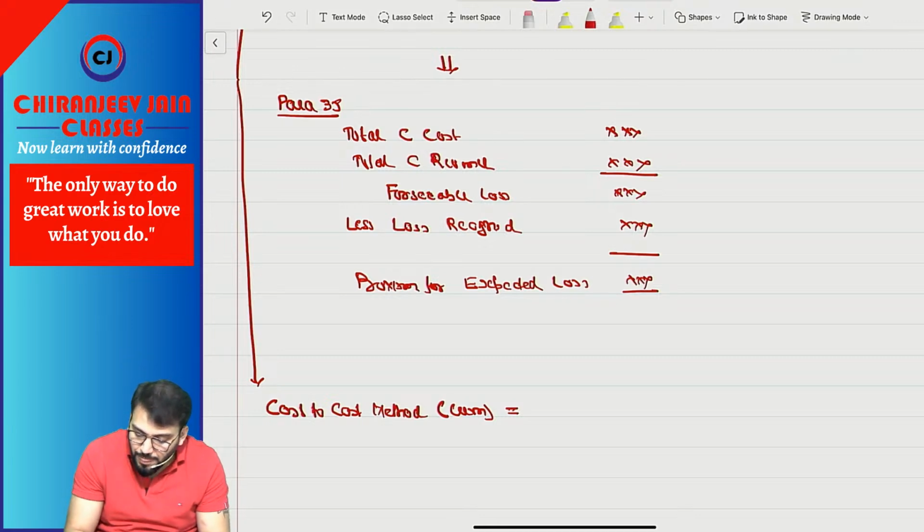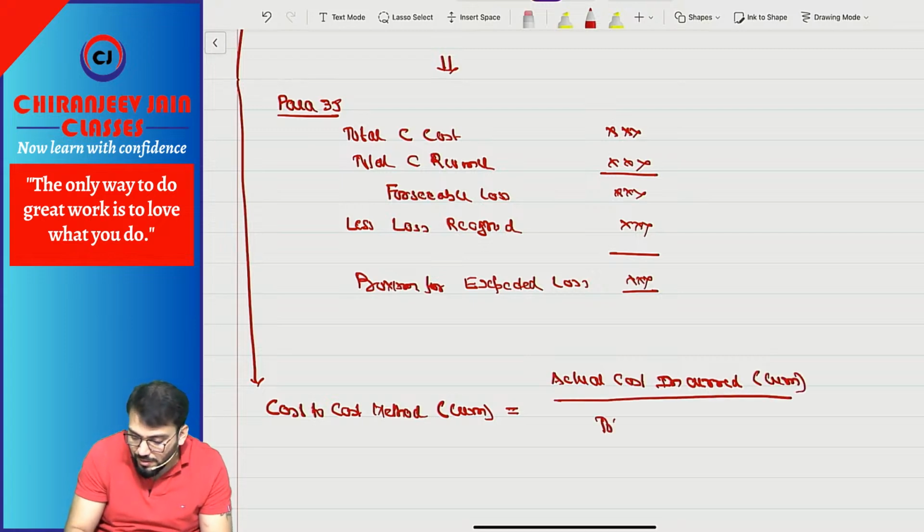That is actual cost incurred, cumulative, up to the reporting date, divided by total estimated cost, into 100.